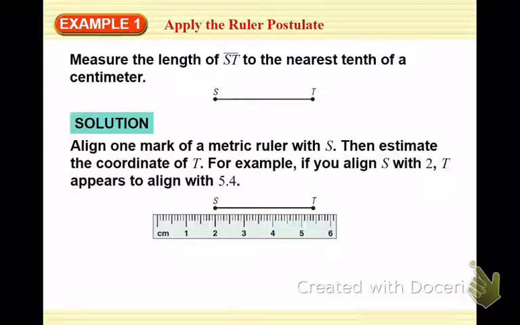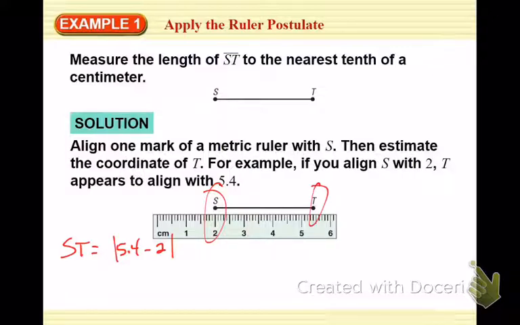The ruler postulate says that you can put the endpoints on any two measuring ticks of a ruler that you want. So S lines up with 2 centimeters here, and T lines up with 5.4 centimeters here. If you do that, then to find the length of ST, you would simply take 5.4 minus 2.